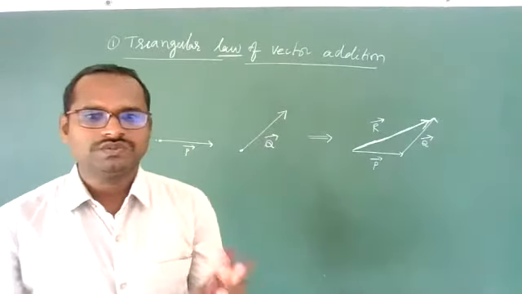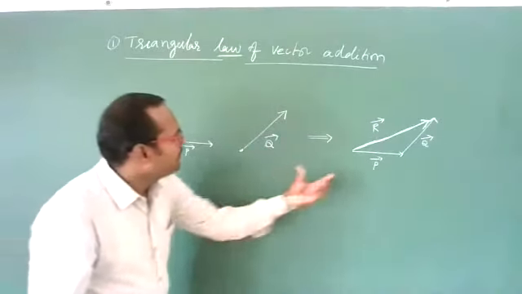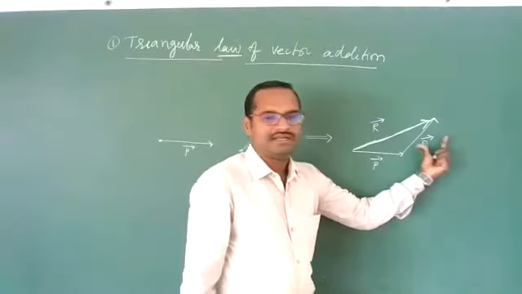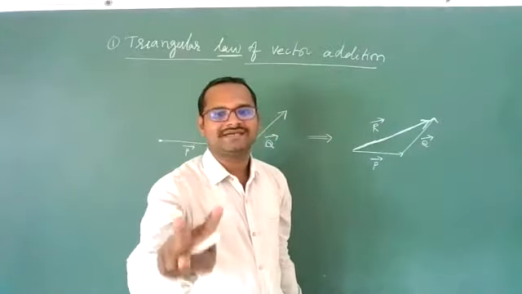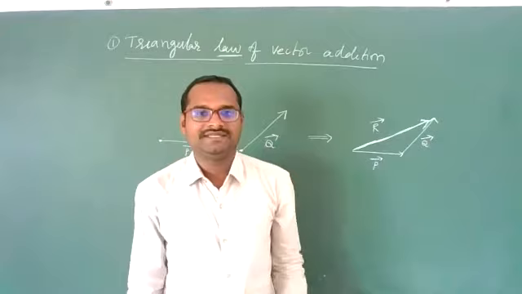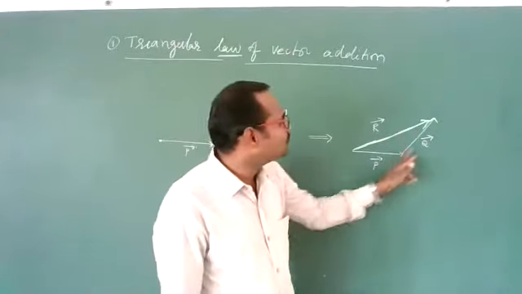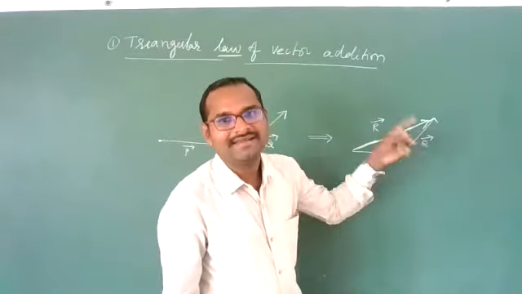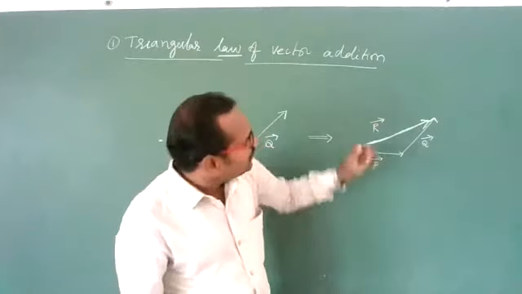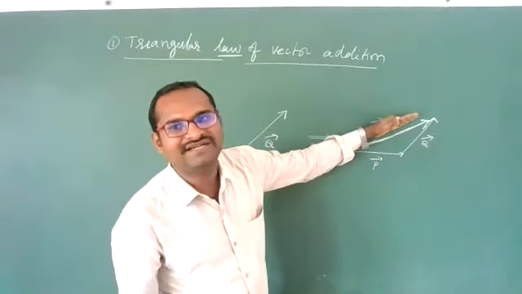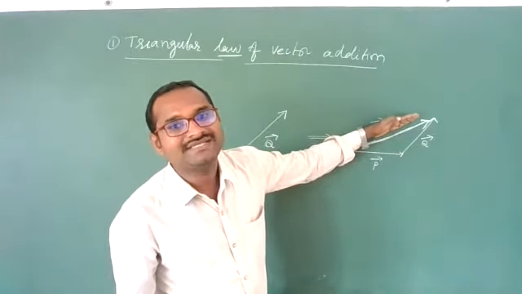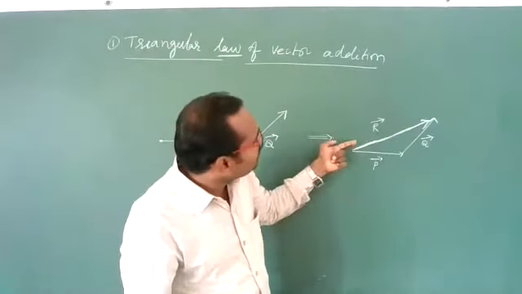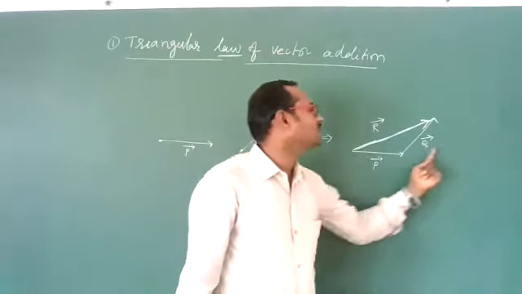So the statement says: if p bar and q bar represent two sides of a triangle, then the resultant of these two sides can be given by the closing side of the triangle, which is taken in opposite order to the first two vectors.